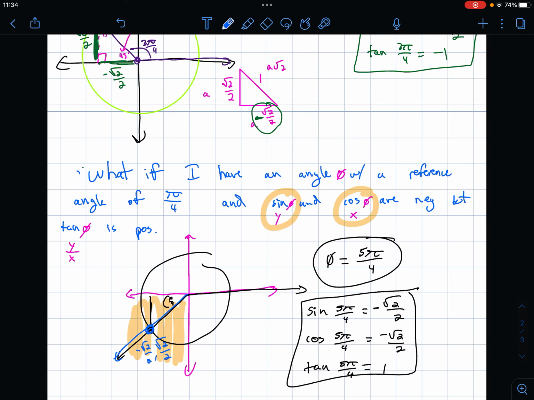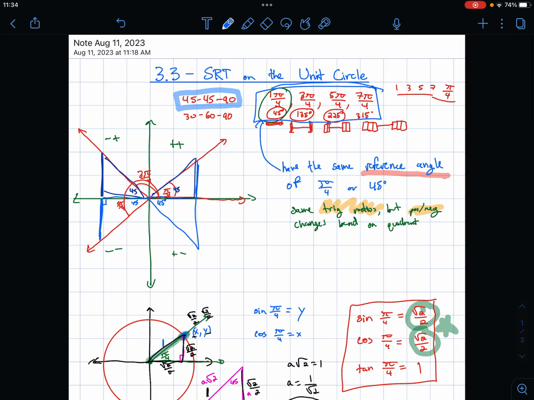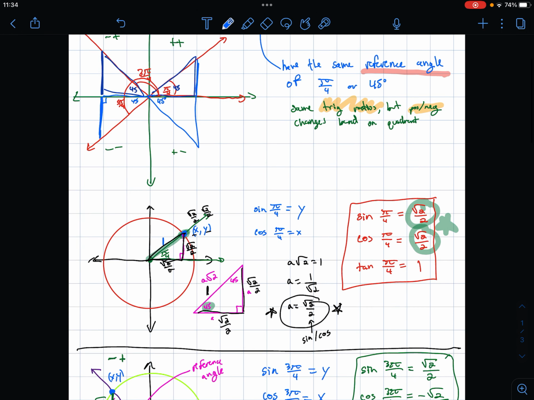And that's really the main idea behind all of this. And so the key thing is that this set of angles can basically be memorized only by knowing that they share this 45, 45, 90. All I really have to know to work all this out is that the 45, 45, 90 angles are in the ratio of a to a root 2, or two side lengths are equal, and then the hypotenuse is root 2 times the side length.